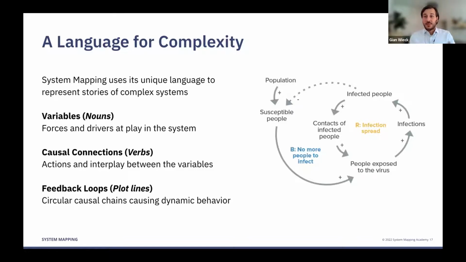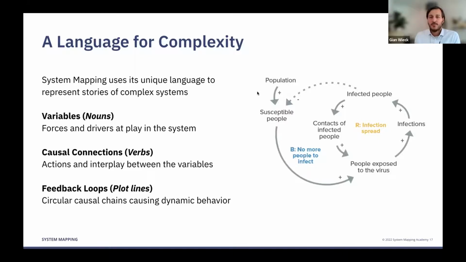Such a loop, if left alone without any other influences, can lead to the exponential growth that we also saw in the beginning of the COVID time. But there's also a second kind of loop: a balancing, limiting loop, which we see here on the outside.